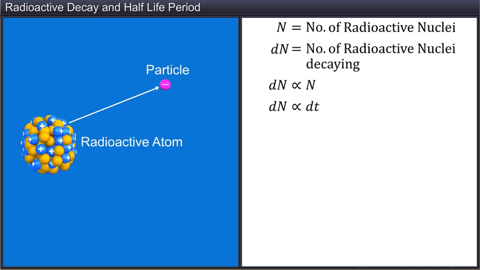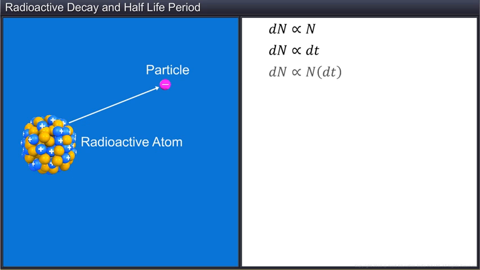The number of nuclei that will decay will also be proportional to the time interval dt. If we take a longer dt into consideration, then more nuclei will decay in this longer interval dt, since longer the interval, greater the chance of decaying. Thus, dN will be proportional to N dt.